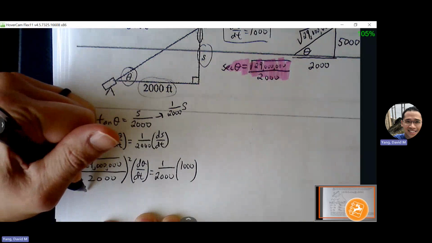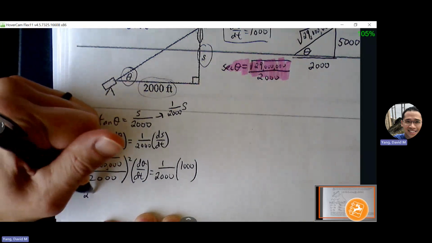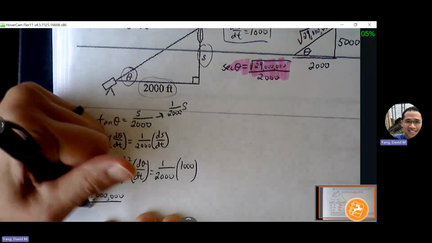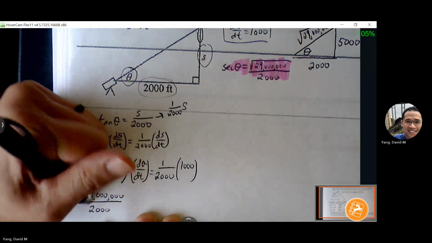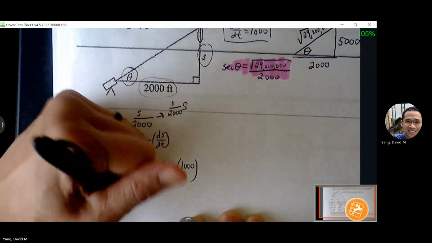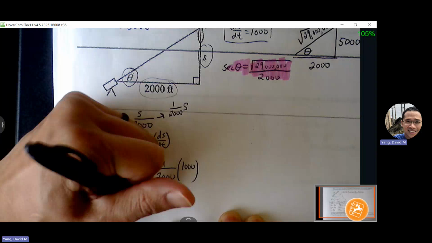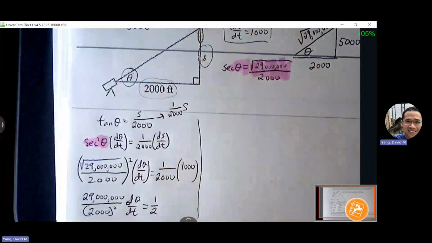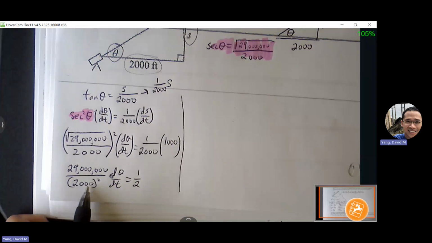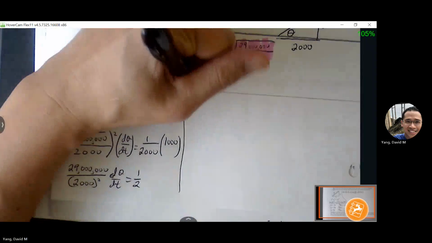I can square that expression here, make it 29 million over 2,000 squared. I know the 1,000 over 2,000 is just 1/2. So dividing by this fraction is the same thing as multiplying by the reciprocal.